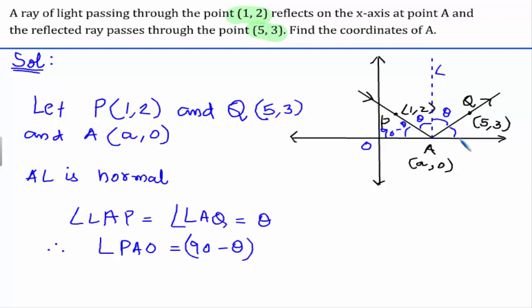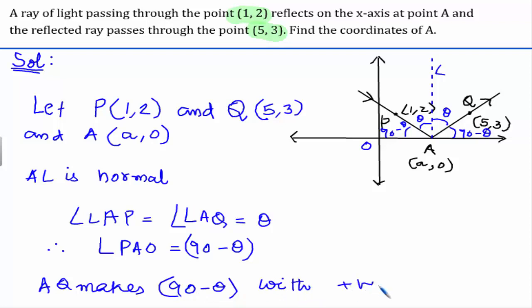Therefore this angle is also 90 minus theta. So now here AQ makes 90 minus theta with the positive direction of x-axis.